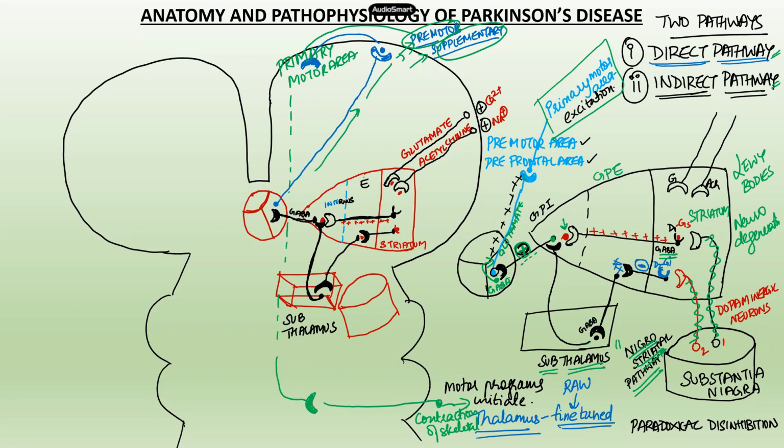And when it releases GABA, the next neuron, your glutamate neuron, will not get excited. The resulting effect is that the primary motor area will not get excited, and the contraction of muscles cannot happen. Right. So this is what happens in Parkinson's disease.